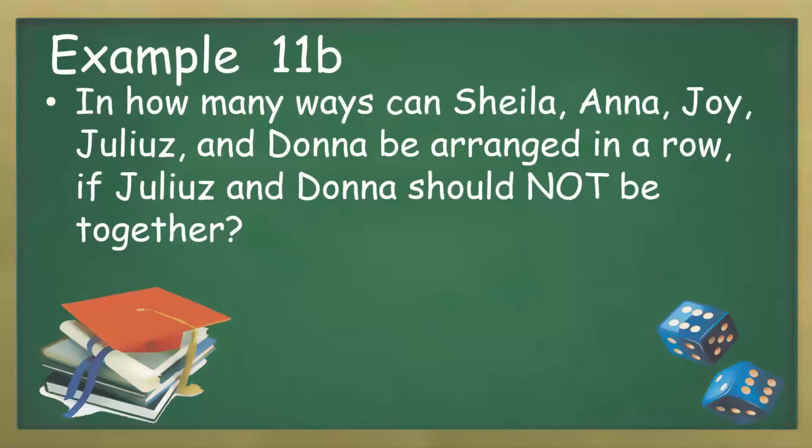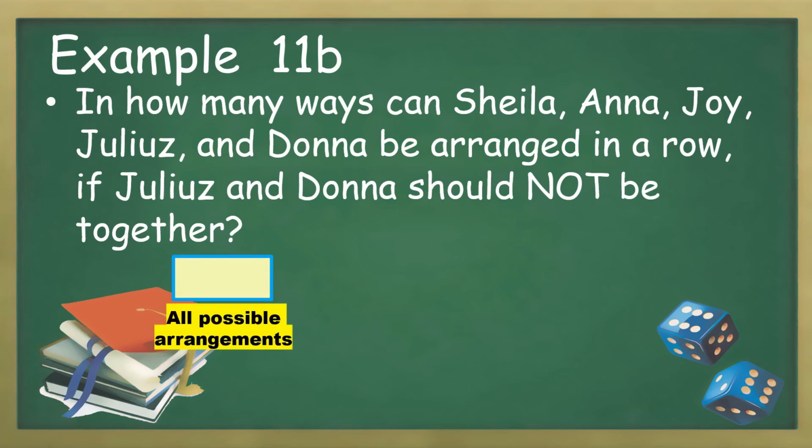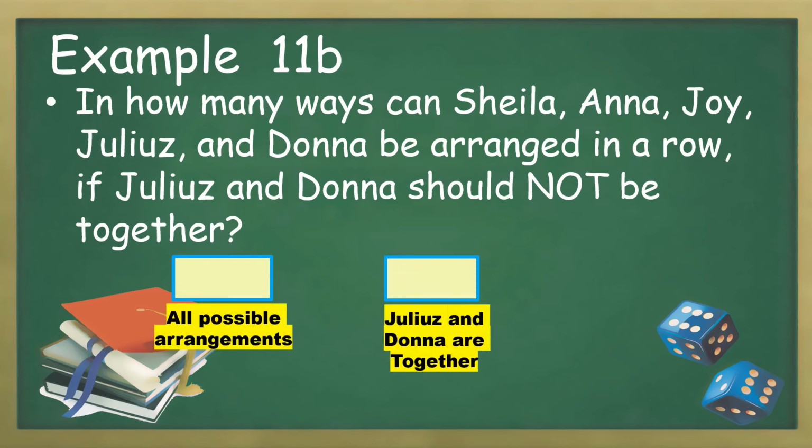Okay, so let's have another one. This is almost the same as the previous one with a different condition. In how many ways can Sheila, Anna, Joy, Julius, and Donna be arranged in a row if Julius and Donna should not be together? In our previous examples, we already solved for the total number of arrangements and for the arrangement of Julius and Donna together.